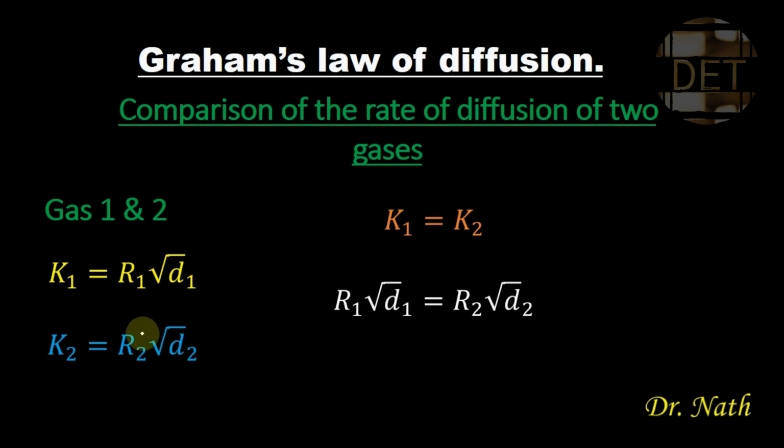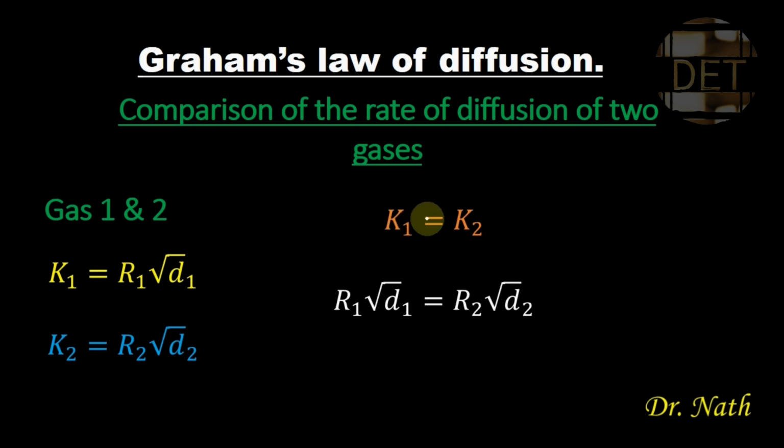According to the law of conservation of matter and energy, matter or energy cannot be created or destroyed, but can be converted from one form to another. So if we apply that law here, our K1 will be equal to K2, provided they are working at the same temperature and pressure. So K1 is equal to K2.